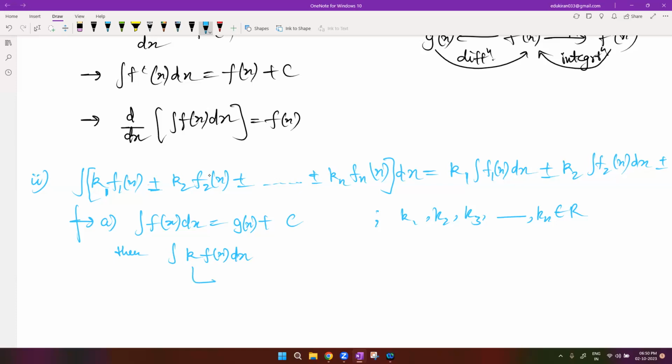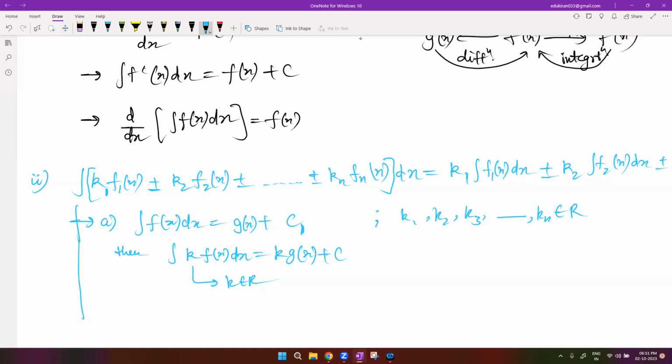So if k is a constant here, and we multiply the function by k, k f(x), then your whole integrated value will be k times g(x) plus c. If you multiply c with k, then also it's a constant, right? So I'm writing this as c1. Then after multiplication with k, it becomes c.